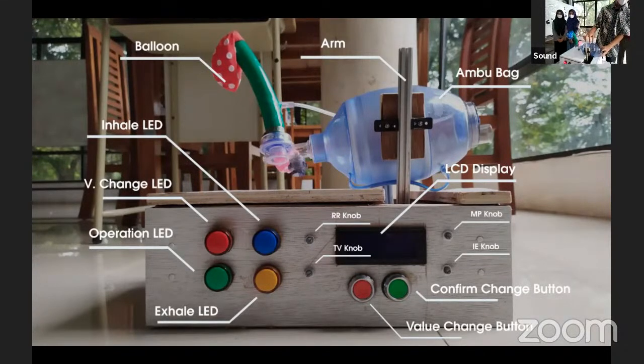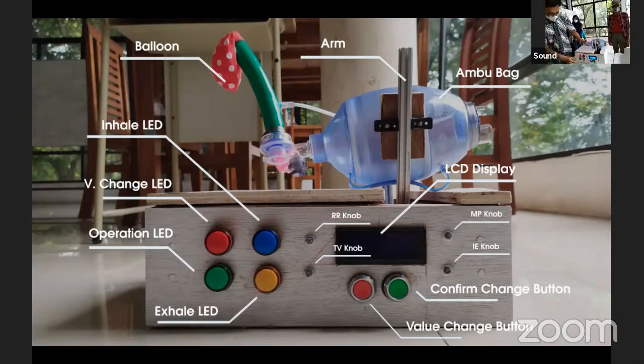This is the airbag that pumps the air into the lung. This is the arm that pushes the airbag, and this is the LCD that shows you the parameters of the ventilator. There are four knobs that can be used to change the parameters.